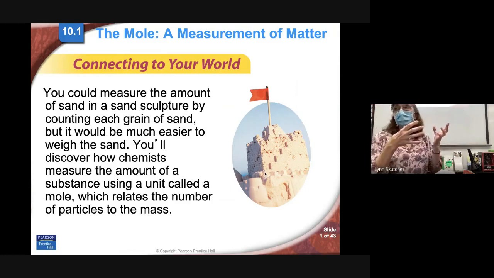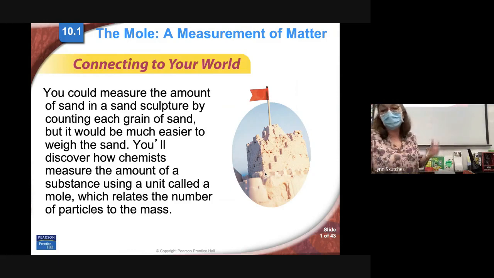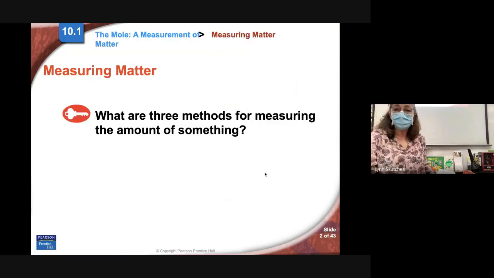Sometimes you'll have leftovers, just like when you're cooking. Sometimes you won't have enough stuff in your pantry, and so you'll have to cut the recipe somehow in half or whatever. But knowing how many particles is critical to doing chemical reactions.